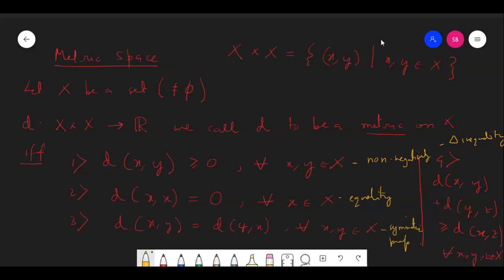We are just taking the intuitive notion of distance in our head and writing it down as the conditions for a function D to be a metric on X. This can also be called a distance function on X. So for any given non-empty set X, we can have a distance function on X if all the conditions are satisfied.